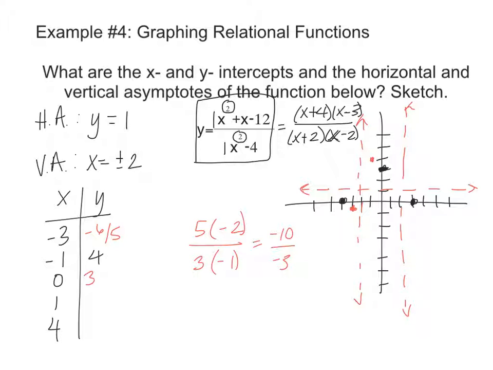There's no reducing there, but that's really about 3 and 1/3. So for the 1, it's about 3 and 1/3, so a little bit about here.